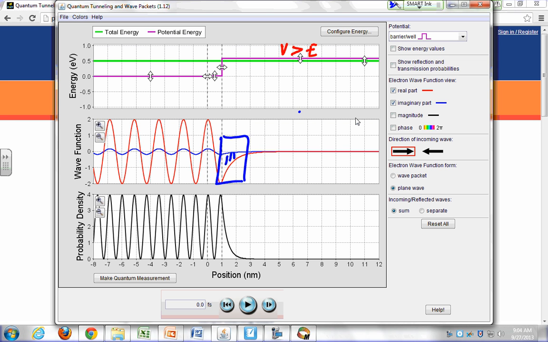So you should always expect potential to be less than the total in classical mechanics. But quantum mechanics says there are certain cases where there's actually a probability that you might find your particle in a situation where its potential energy is higher than the total energy. And so that phenomenon is called tunneling. So we'll deal with that more in another lesson.